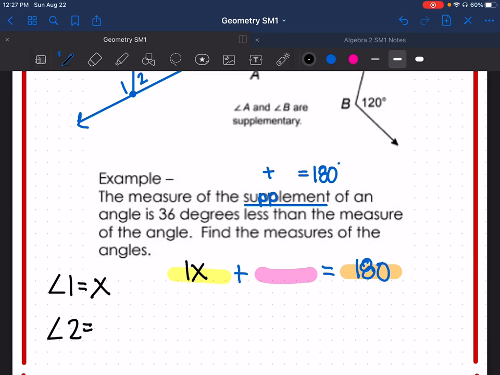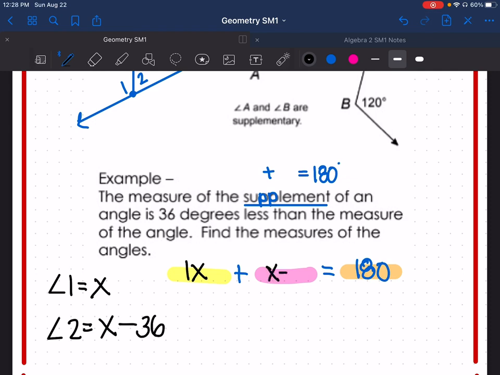Then it says, the measure of the supplement of an angle is 36 degrees less than the measure of the angle. Well, the measure of the first angle is x, less than would be minus, and the 36 has to go behind it because less than, remember, says it's subtraction and the number goes behind.